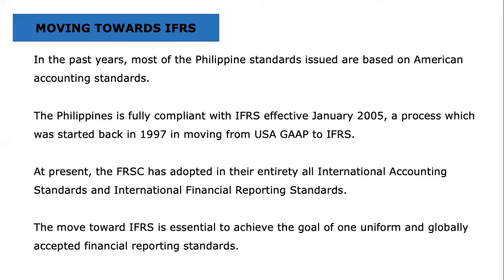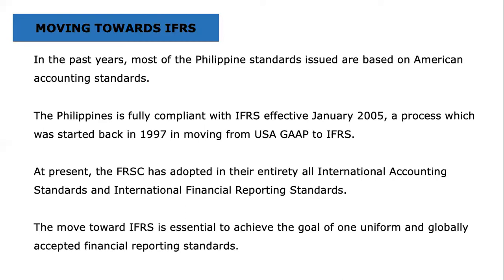Example, if it's a multinational company and you have a company in the Philippines and you have a company in the US, diba? We are using different standards. But since it's the same company with different branches lang, you need to make a consolidated report.